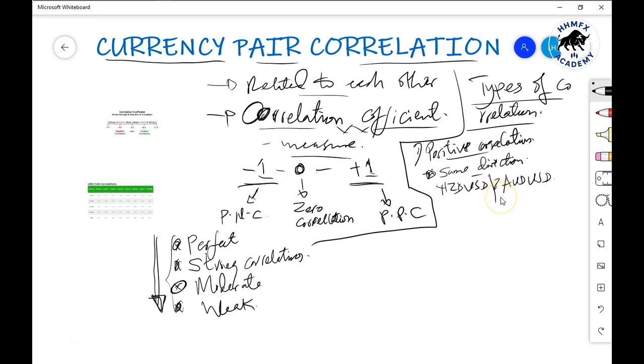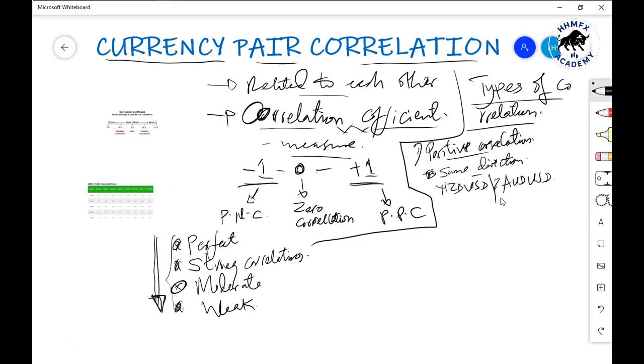Their correlation changes based on time. Some pairs may correlate strongly in a weekly time frame, and other pairs may correlate strongly in a yearly time frame. So correlation always varies based on time.